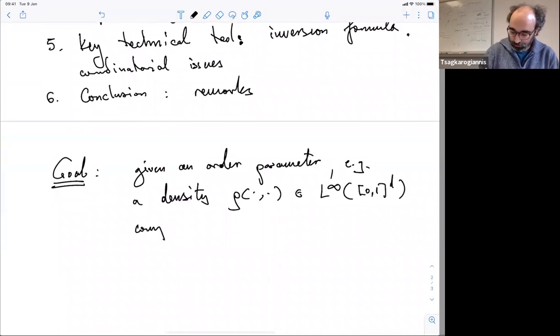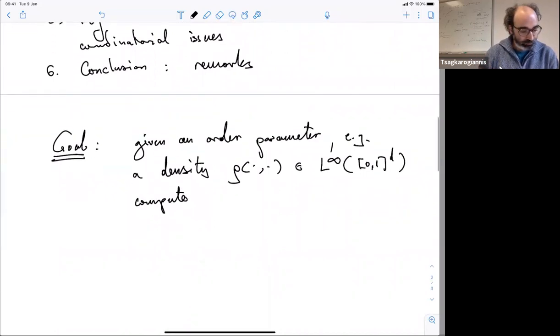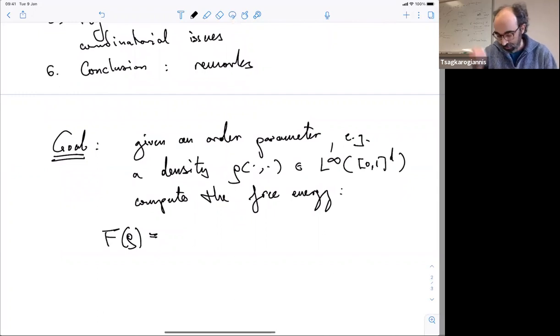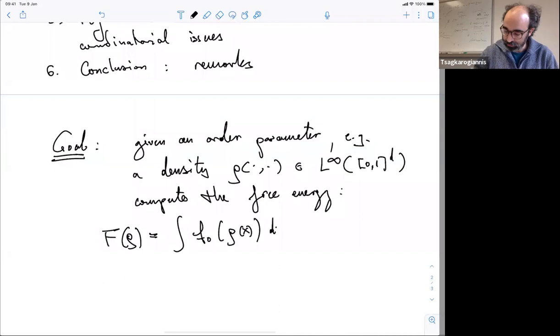Compute the free energy, which is a functional of these functions, and it is given maybe by the integral of a density function f0 of rho(x) dx, but it might be more complicated.